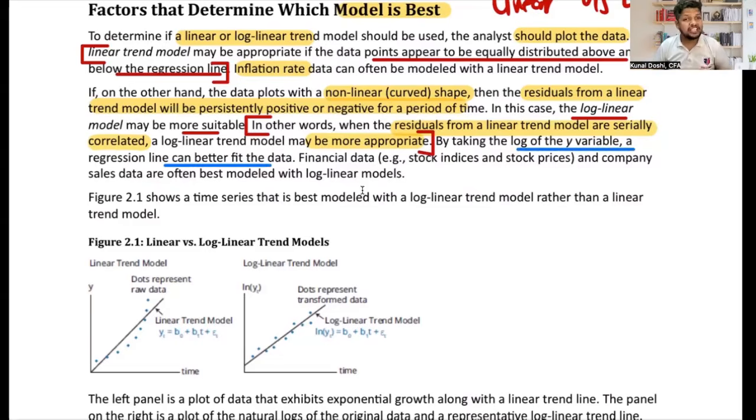Most of the time, financial data like stock prices, stock indexes and company sales are often best modeled with a log linear model. For example, forecasting revenue or EPS or any other financial number or even asset prices. In such a case, a log linear model is more suitable.